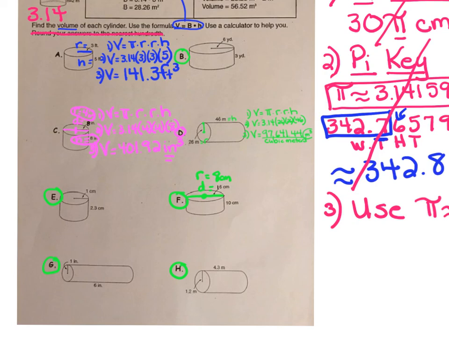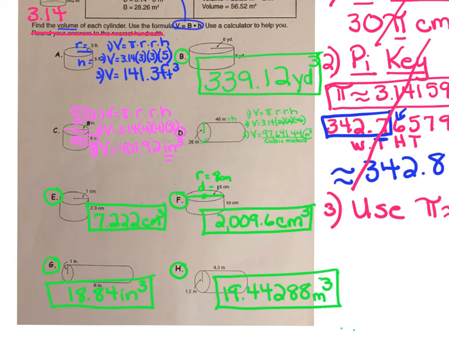Please pause your video. Now take a moment and correct your work. Compare your answers to the given answers. Give yourself a C if you are correct, and if you made a mistake, draw a line through your answer. This concludes the video for calculating volume of a cylinder.